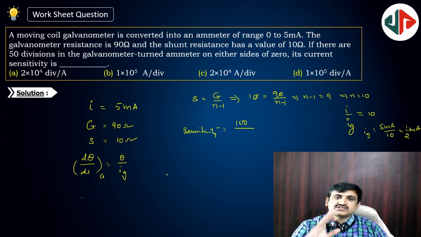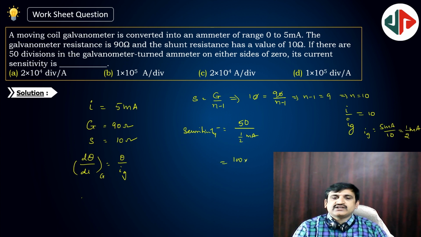Then this is 0.5 on one side and 0.5 on other side, so I took only 0.5, automatically I have to take only 50 only, not 100, because then in that case I have to take 10 milliamps, right? That's why. So it is theta value 50 divisions out of half milliamp.